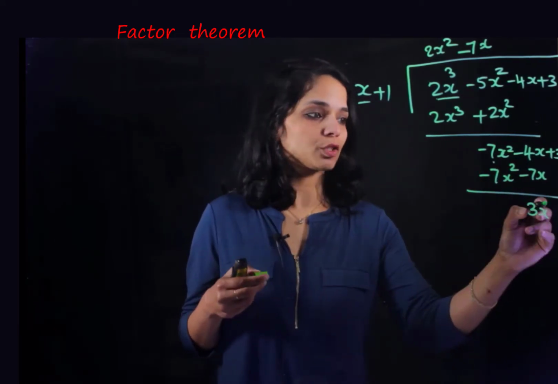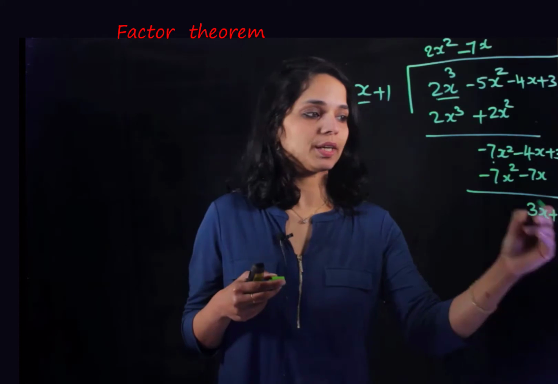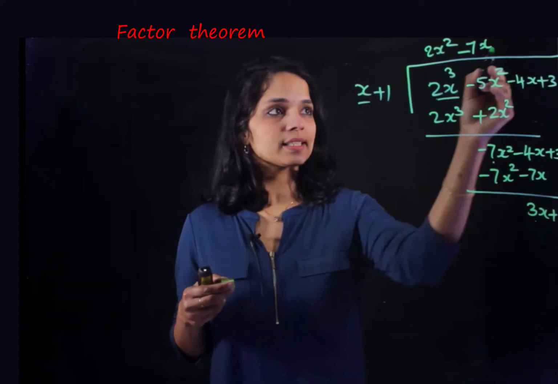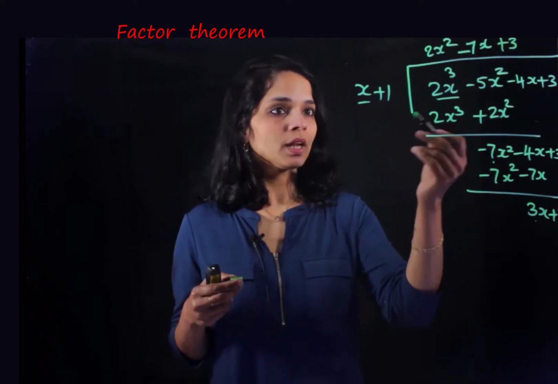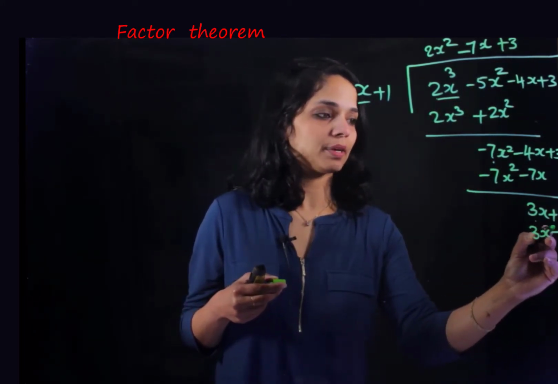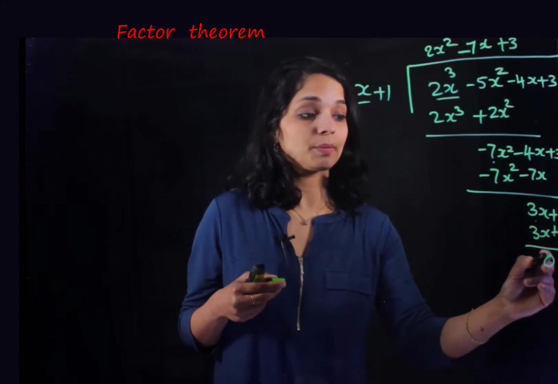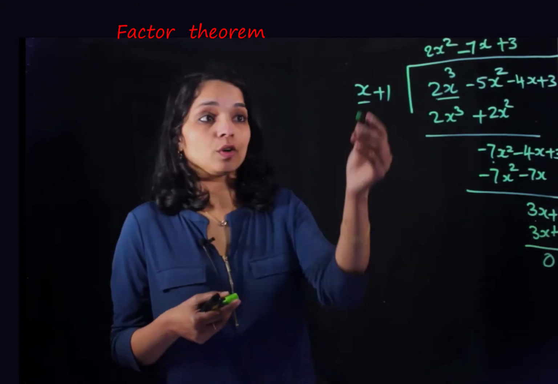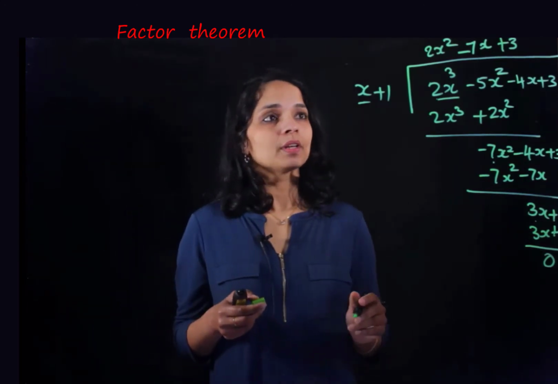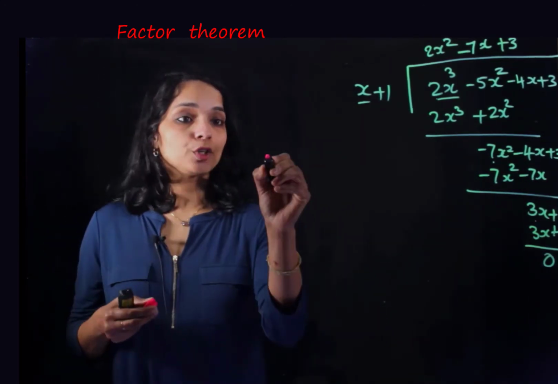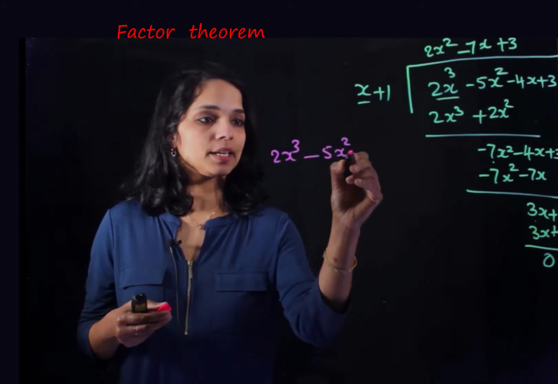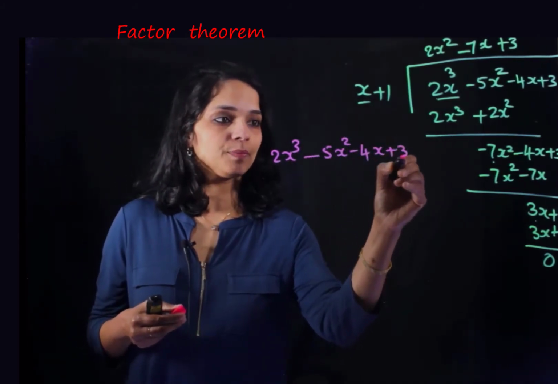This subtracts to give you 0 plus 3, and finally divide 3x by x, which is 3, and multiply with the divisor: 3x plus 3. The remainder is 0 as we expected, because we already found x plus 1 is a factor by using the factor theorem.